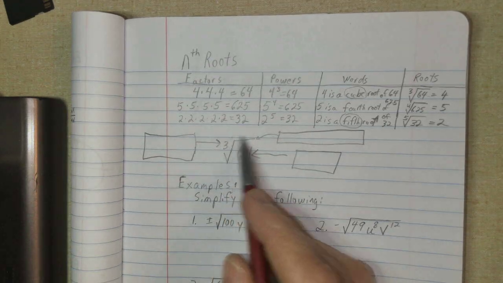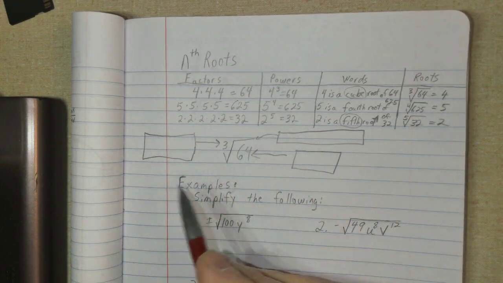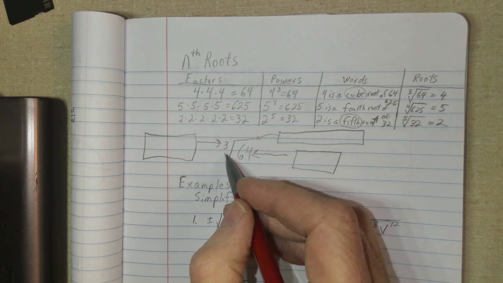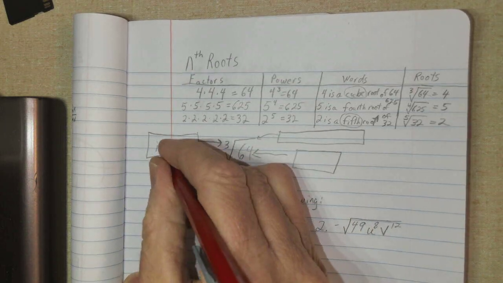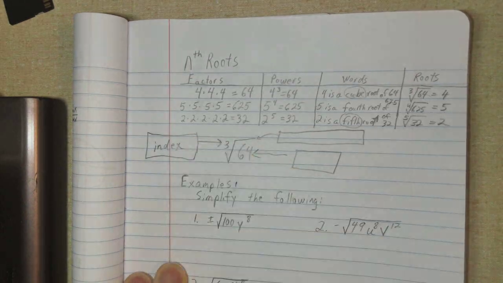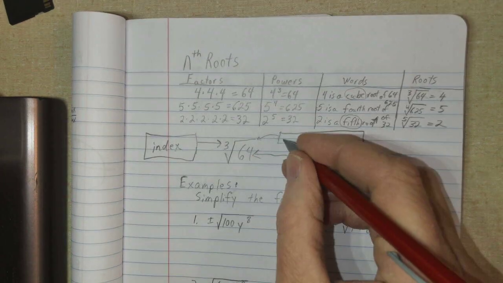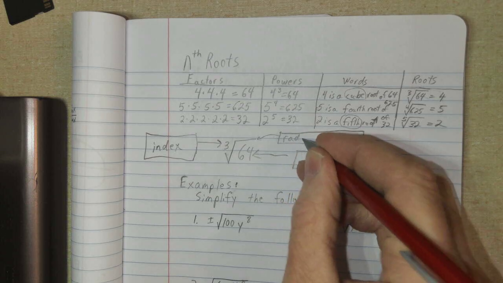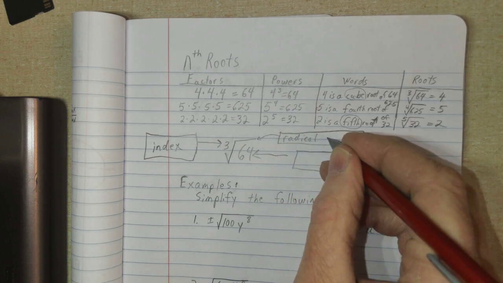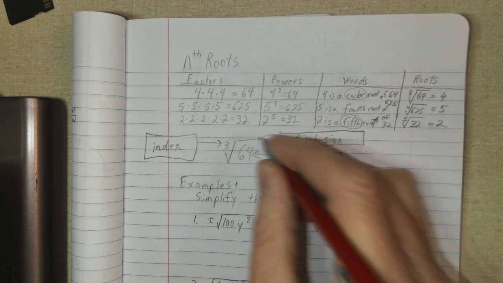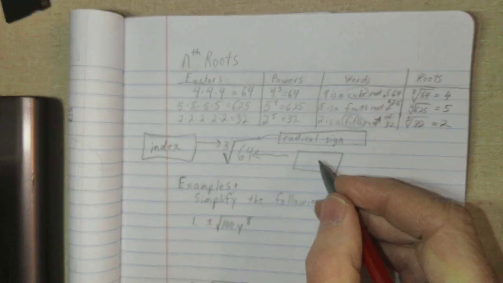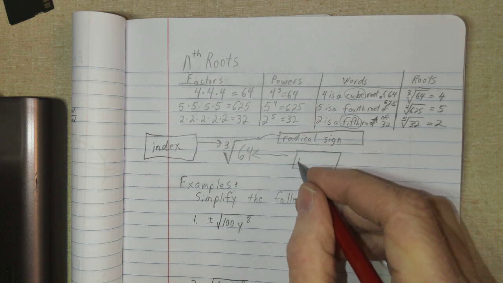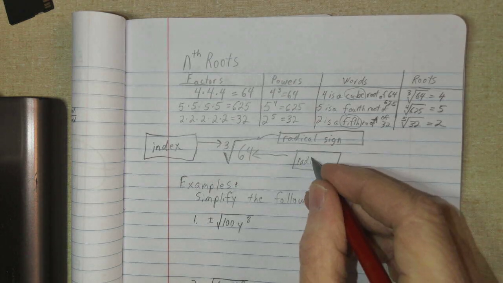Now, I rewrote the cube root of 64 like we had up here. This little 3 here inside the radical is the index. Just some vocabulary here. This is a radical sign, and inside, under the radical sign, is called the radicand.